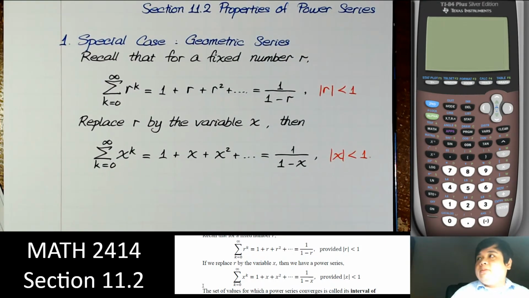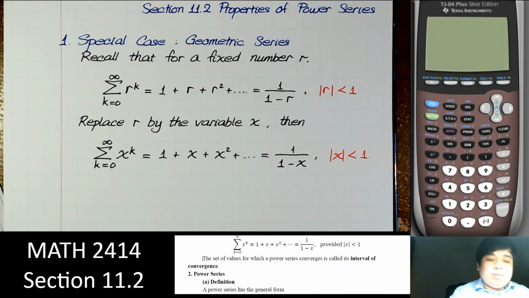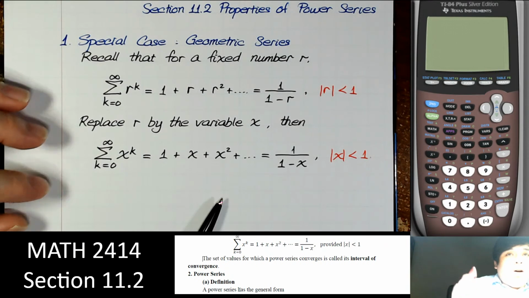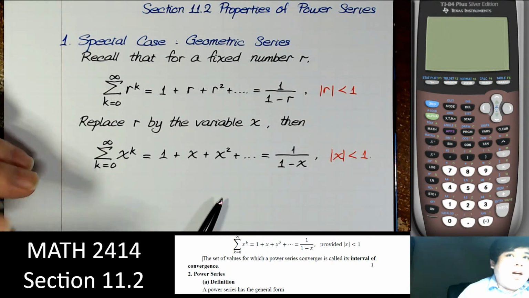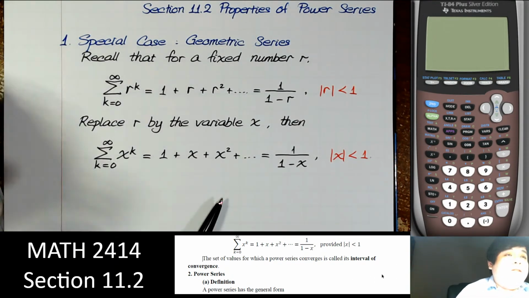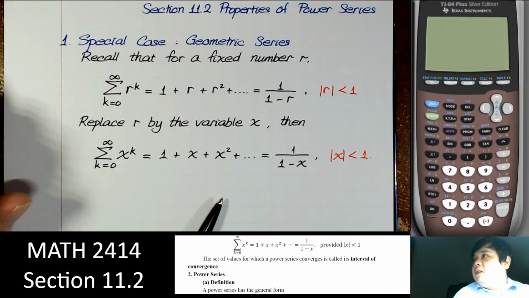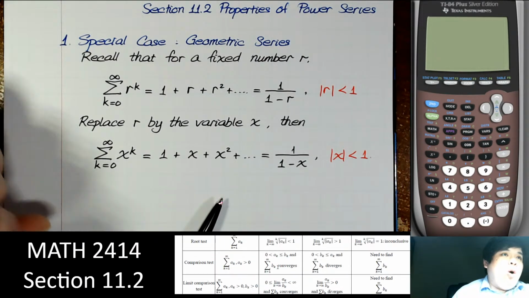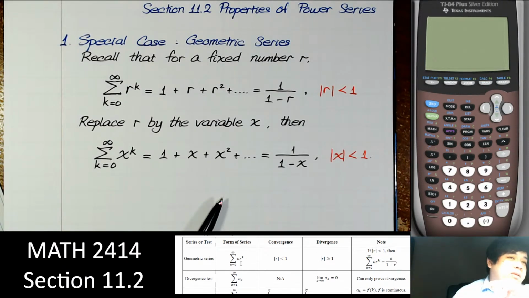And the difference, if you go back to all of the convergence tests, they would never have X in it. As you see, on all of these tests, none of them have X in it. They just have K as the index. No X here.